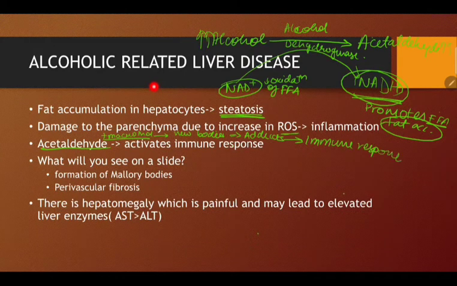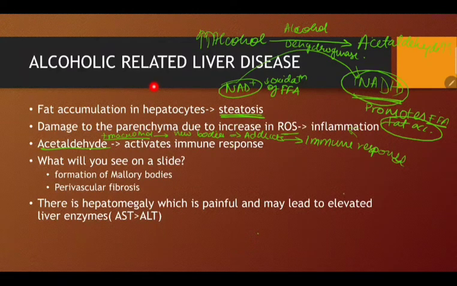This activates an immune response, hence further leading to inflammation and damage of the cell. On a slide, what are you going to see? You're going to see a very characteristic formation of Mallory bodies, which are irregular, rope-like eosinophilic cytoplasmic strings that you can see in the cell.